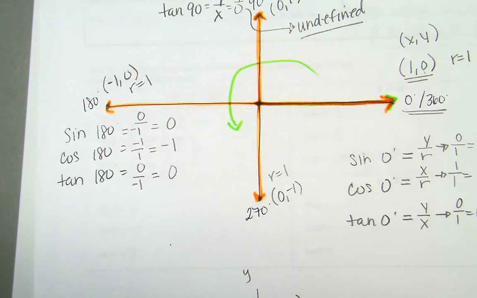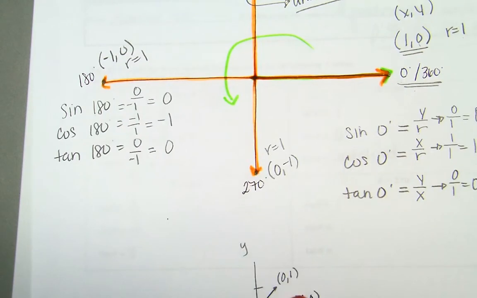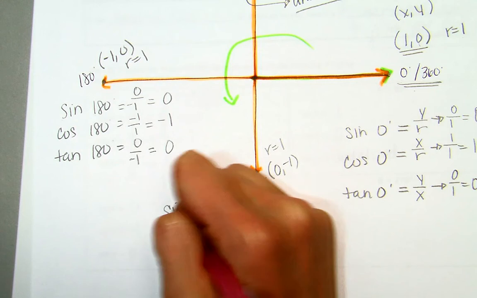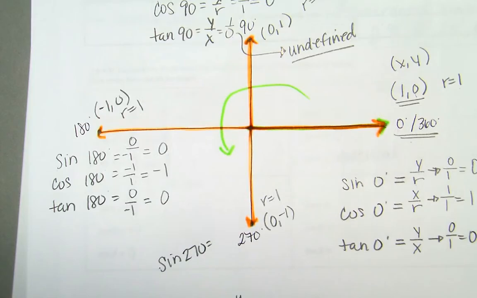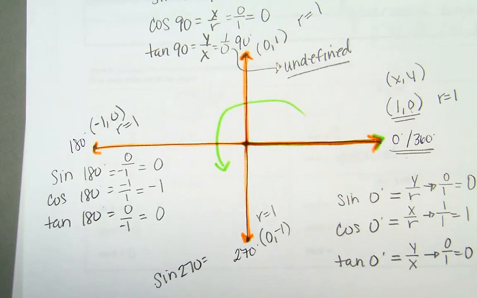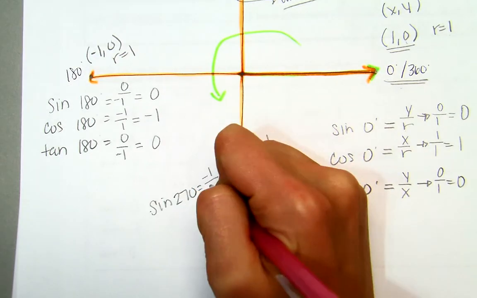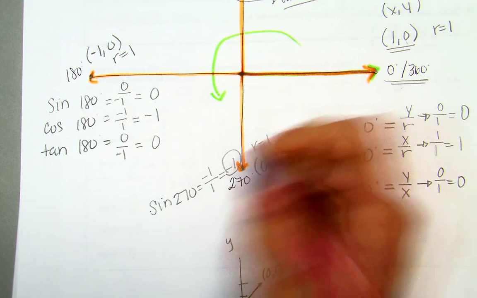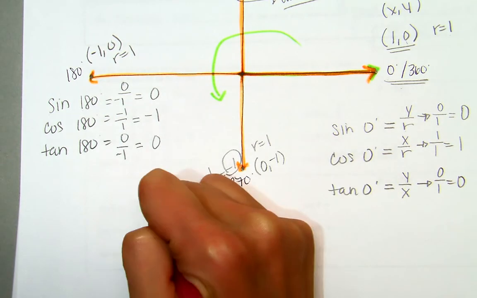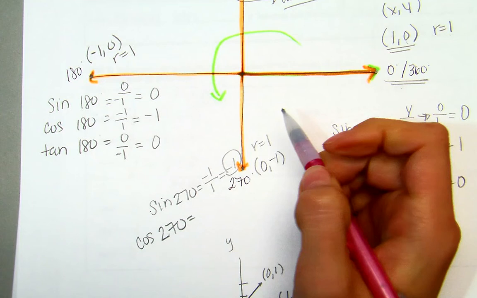So if we continue with that same thought process as before, sine of 270 is equal to y over r. So y is negative 1 over r, which is 1, which is negative 1. Cosine of 270 is equal to x over r.